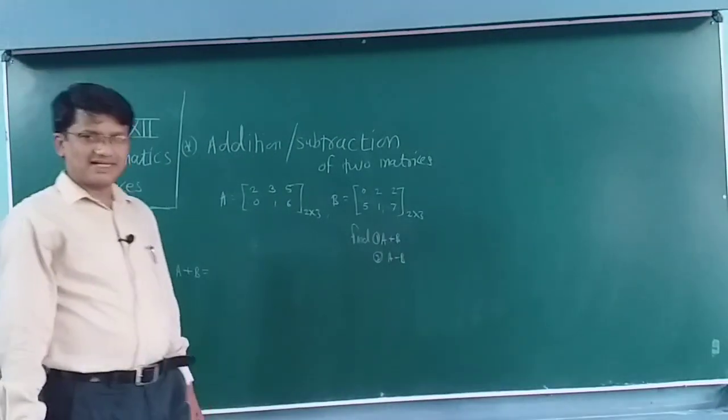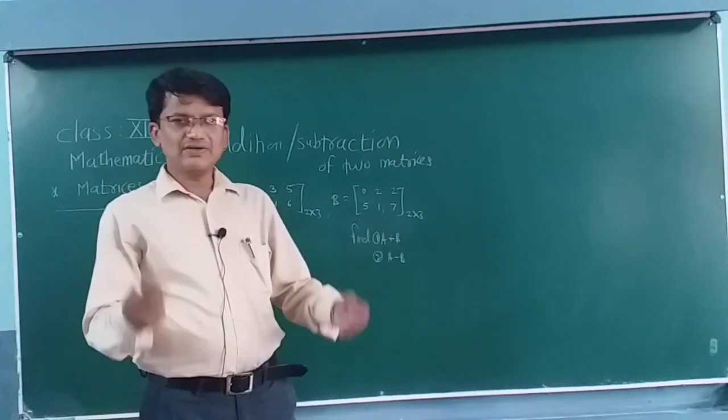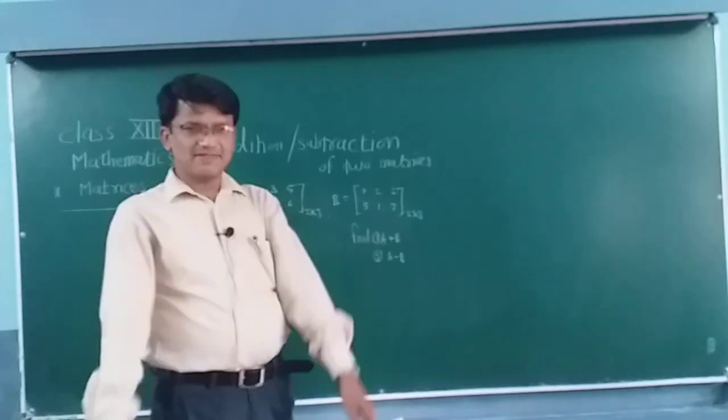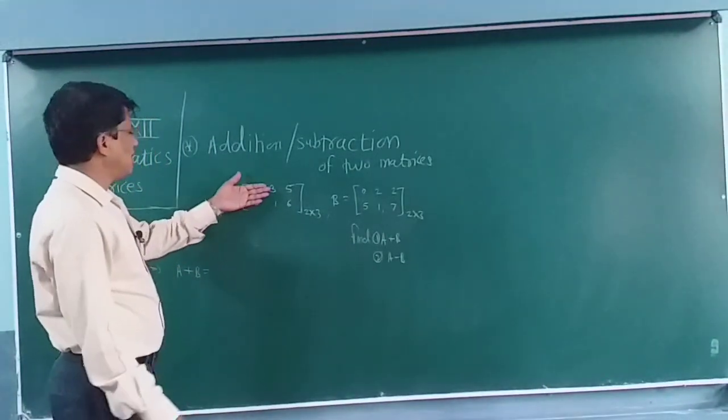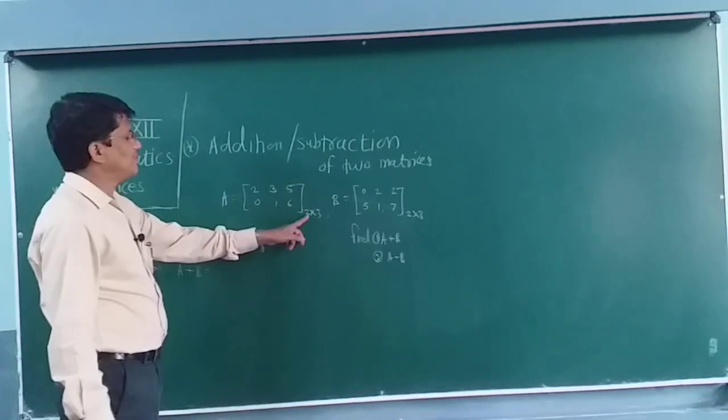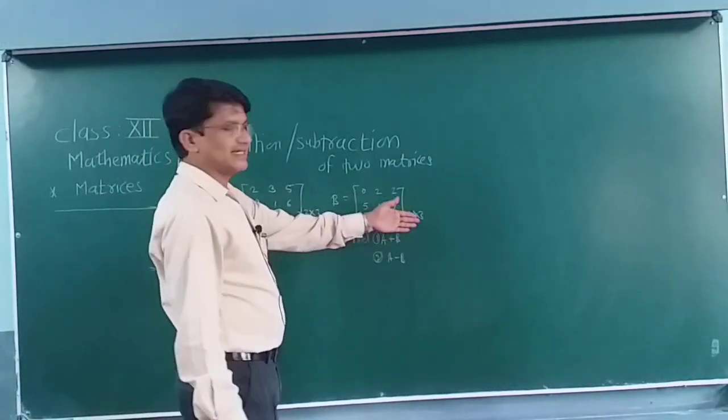For addition of two matrices, what is our rule? The order must be the same. The order of the first matrix A is 2 by 3, and the order of the second matrix is again 2 by 3.